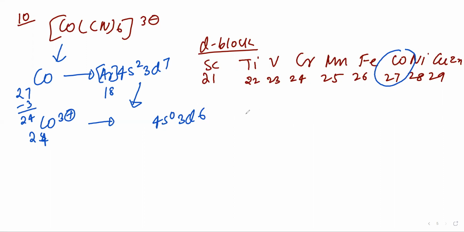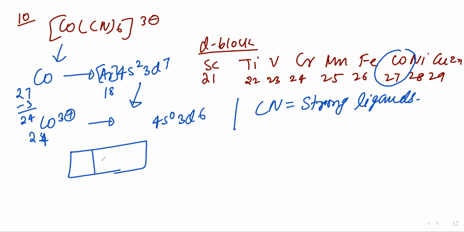As we know, CN is a strong field ligand, as told earlier also. So it will pair the electrons. How many electrons are there in the d orbitals? 6. First put 1 electron in each d orbital, then do the pairing.